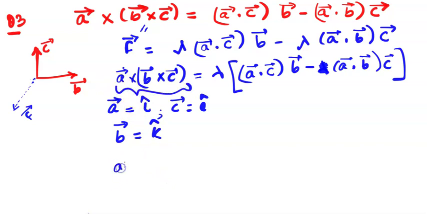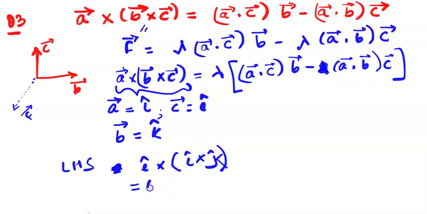This is A cross B cross C, which is nothing but I cap cross I cross K. I cross K is I cross j, which is again K cap. Right, so this is LHS.